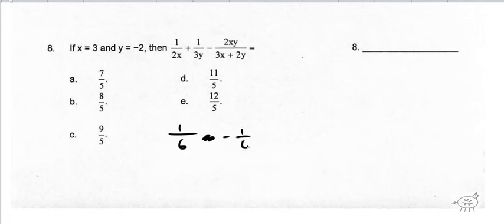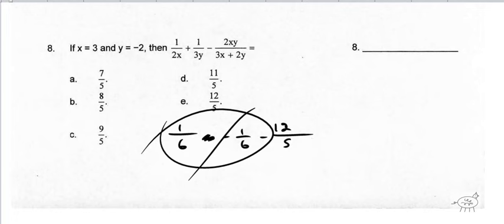Minus 1/6 minus 2 times 3 times -2. So that gives me -12. So minus 12 over 3 times 3 is 9. 9 minus 4 is 5. So these cancel, and so I have -12/5, which is E.